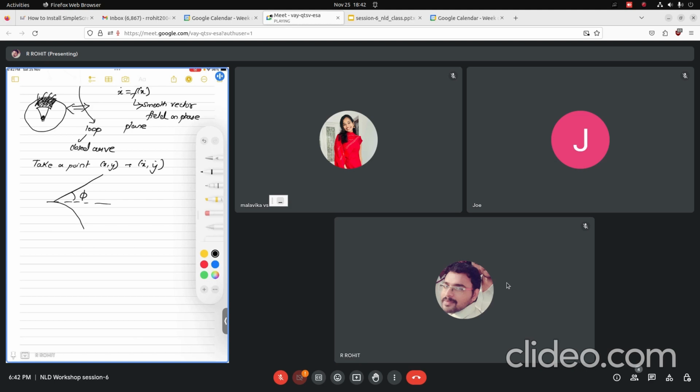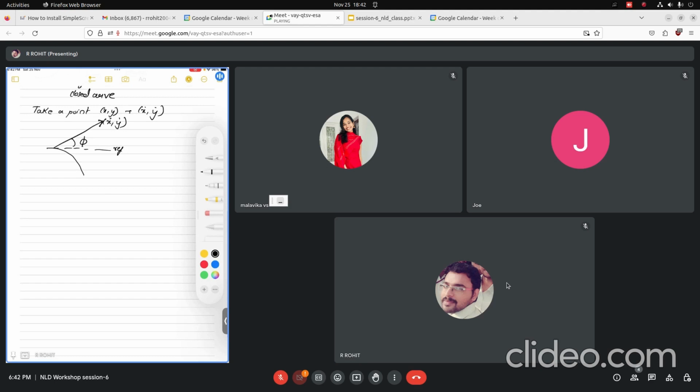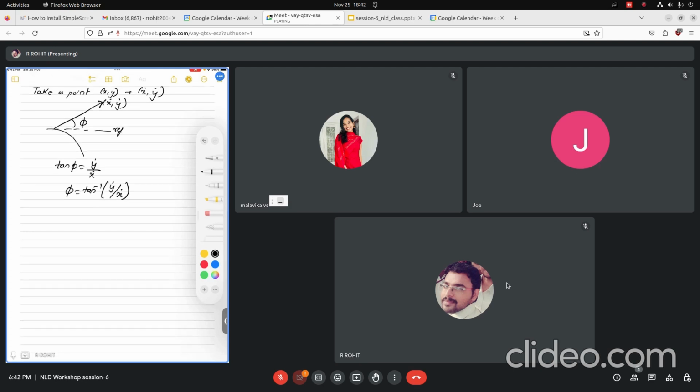You have an angle phi that is made by this vector x dot comma y dot. With reference to this horizontal axis, this vector field will make an angle phi. The angle phi can be represented by nothing but the slope of this. So phi is nothing but tan inverse of y dot by x dot.